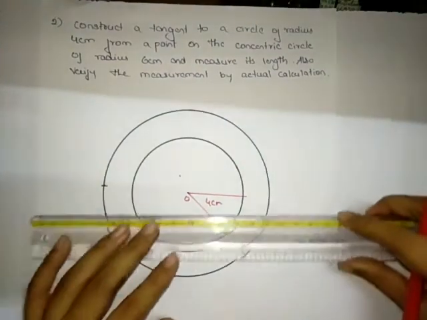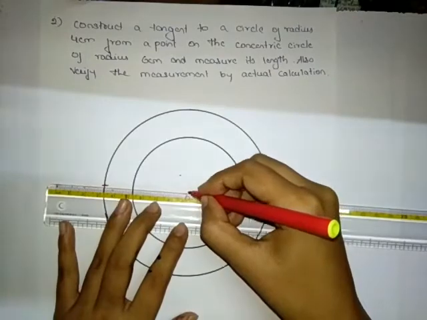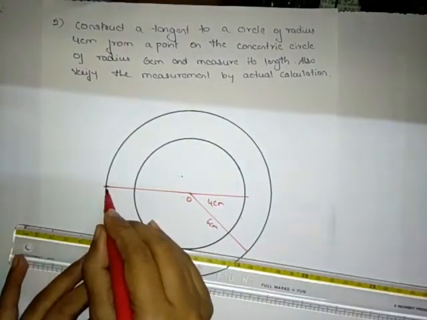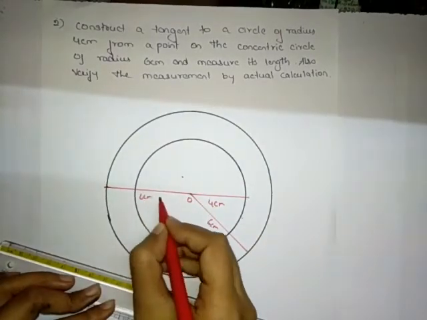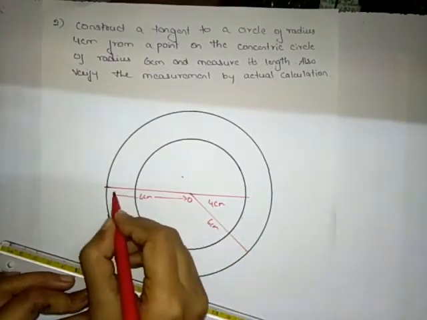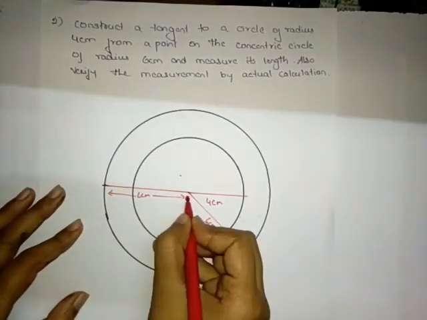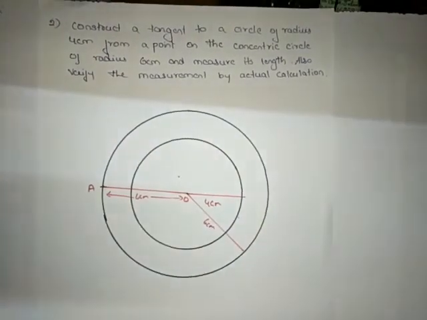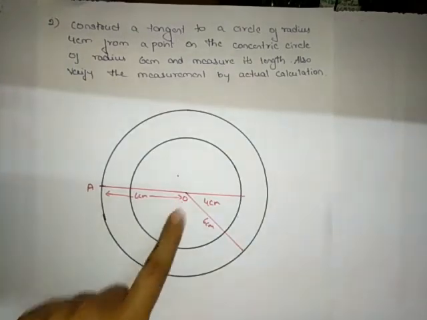For that, let us join these two points. Then from here to here it will be 6 cm, isn't it? Next we'll name them: this is O and this is A. Then we need to take the midpoint of this line segment AO.